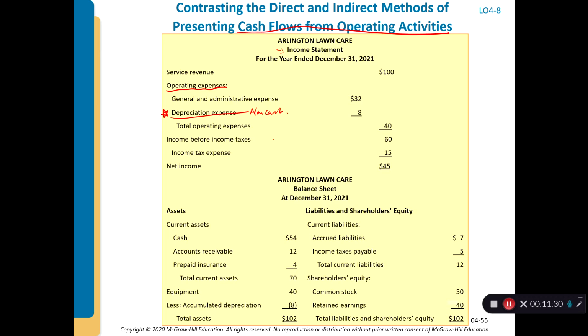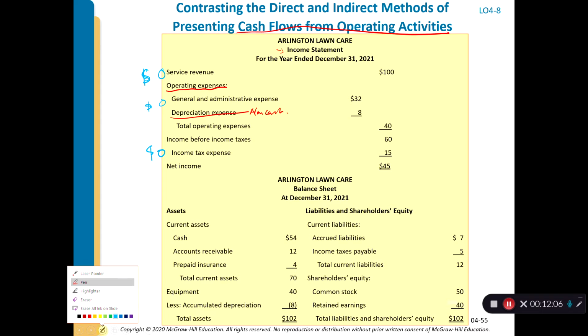Three of those, the service revenue, the general and administrative expenses, and the income taxes, do reflect cash. Those 3 items affect the cash.